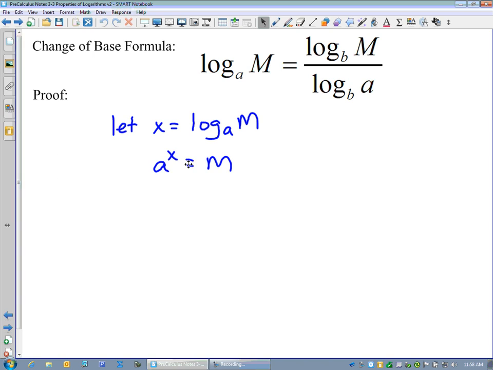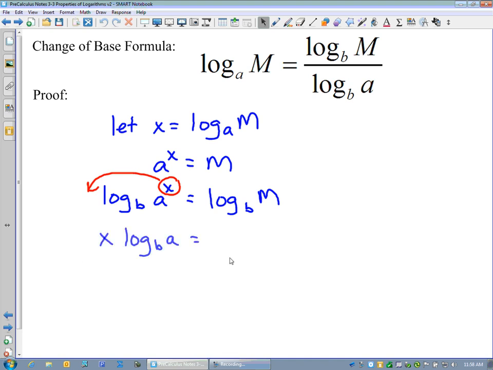Next, I'm going to take the log of both sides, and I'm going to choose some base b. I can choose b to be anything I want. So that means log base b of a to the x equals log base b of m. And therefore, now I can take that x out of the exponent using that all-important power property. Then you'll have x log base b of a equals, and on the right side, no changes necessary, just log base b of m.